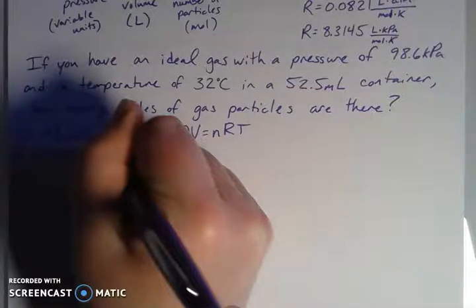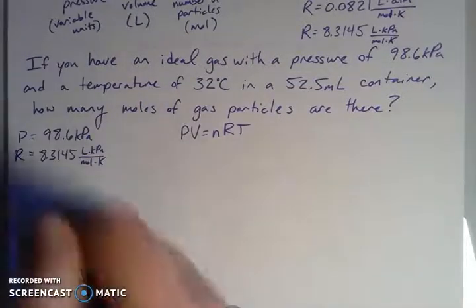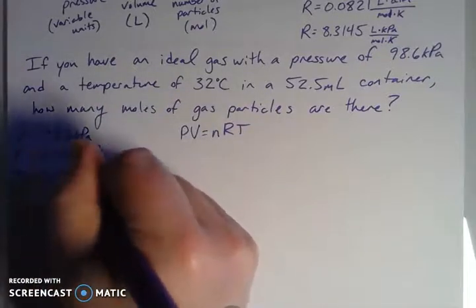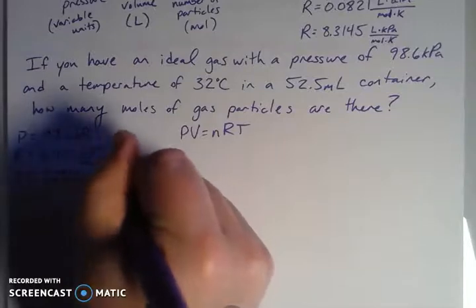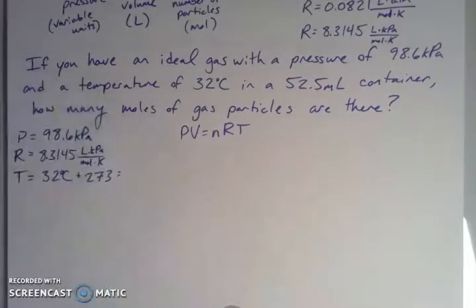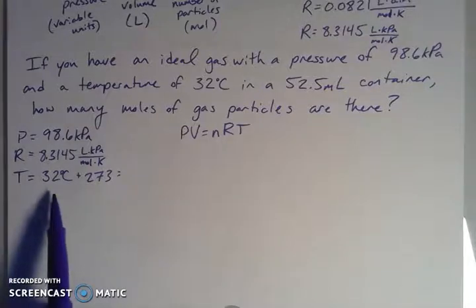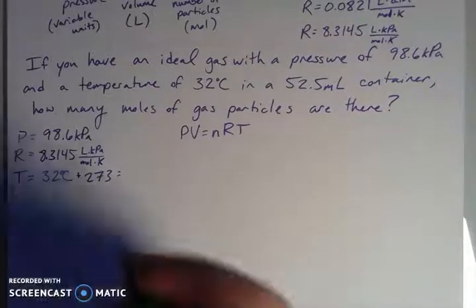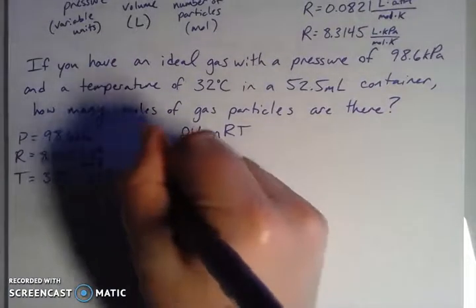I'm also given a temperature in degrees Celsius, so my T here is 32. I'm going to have to convert that to Kelvin. My magic number there is 273.15, but because I have a ones place here, we're going to have to round this anyway, so I'm just going to add it there, which gives us 305 Kelvin.